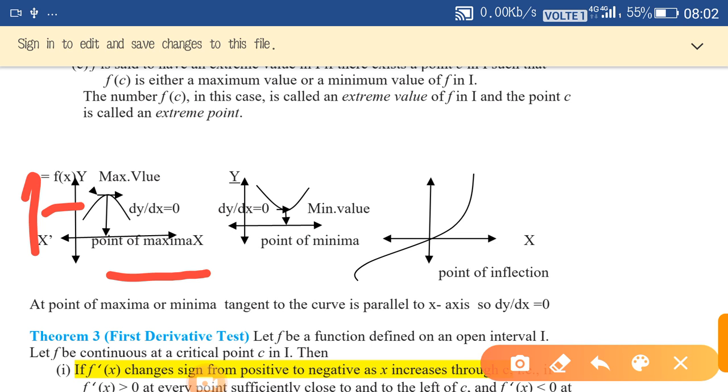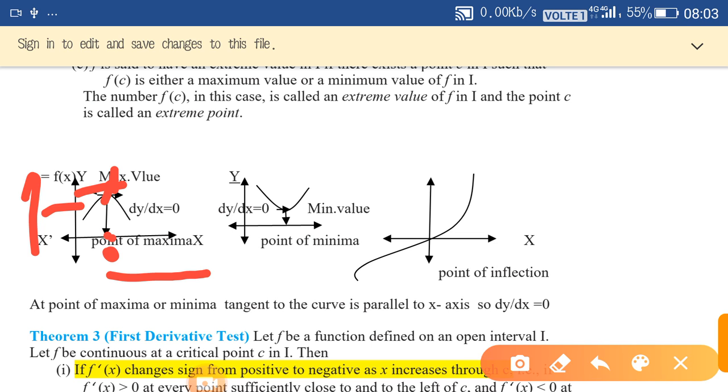Here we see that this is the point at which the function has maximum value. This is the point on the x-axis, and the function has maximum value at this point. So this point is called the point of maxima, which is from the interval, and the highest point has a value from the y-axis. This is called the maximum value.